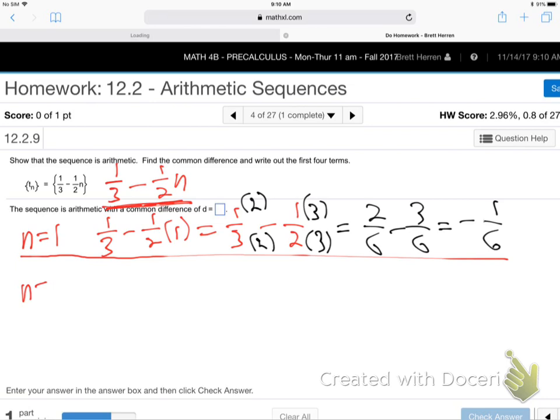Now let's go to n equals 2. 1/3 minus a half times 2.